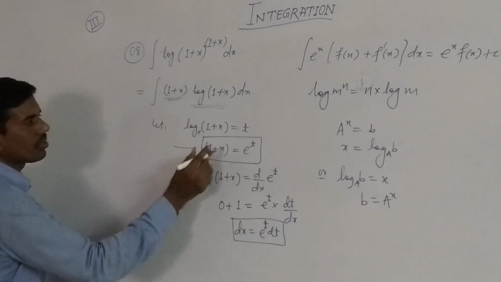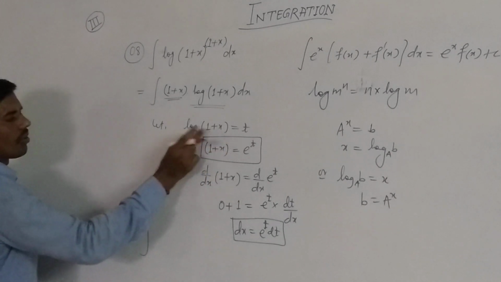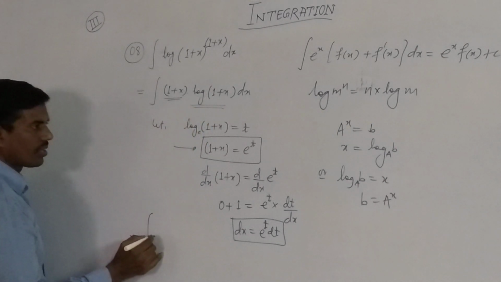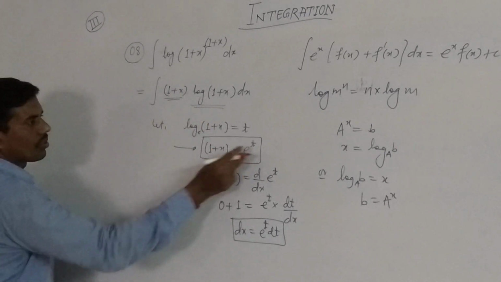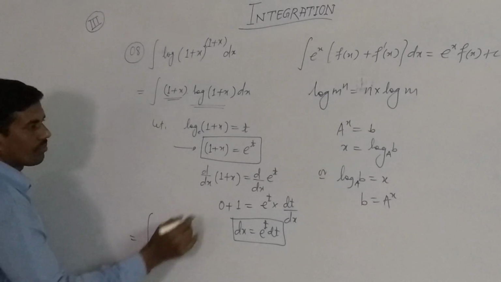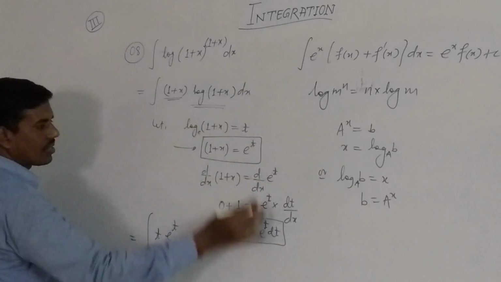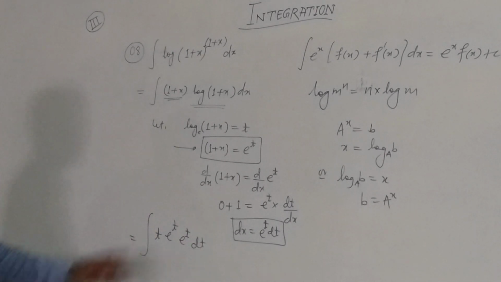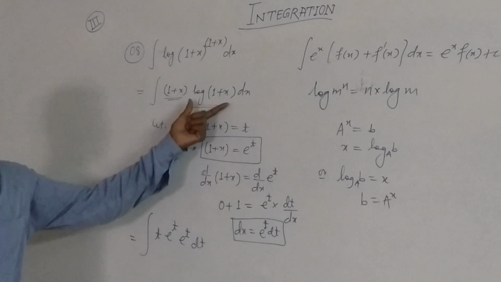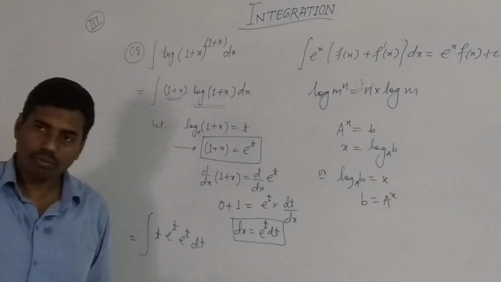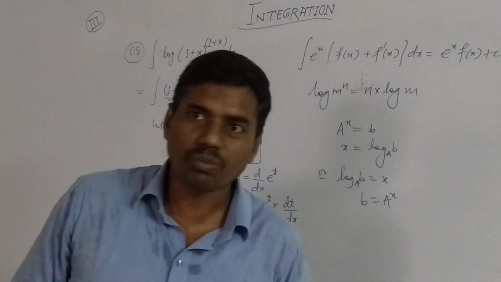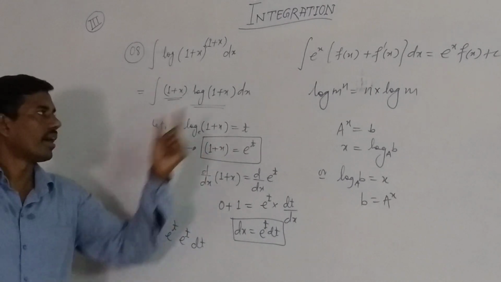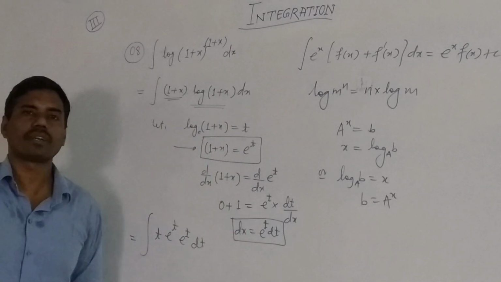Since we have assumed log of 1 plus x to the base e is equal to t, the logarithm becomes t, 1 plus x is equal to e to the power t, and dx is equal to e to the power t dt.